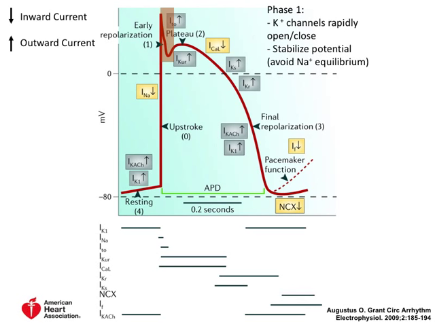Even though there's massive influx and a lot more sodium in the cell than there normally is, it's still relatively a lower concentration than outside. But it's rapidly approaching equilibrium. We call that the equilibrium potential, the point where the two sides of a membrane are in balance. So we don't want that to occur.